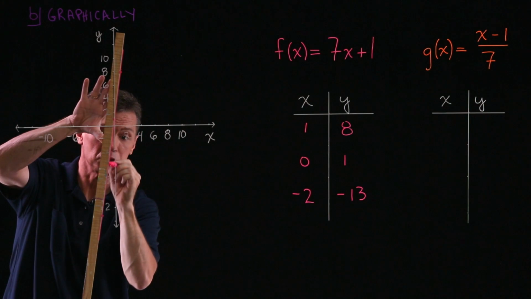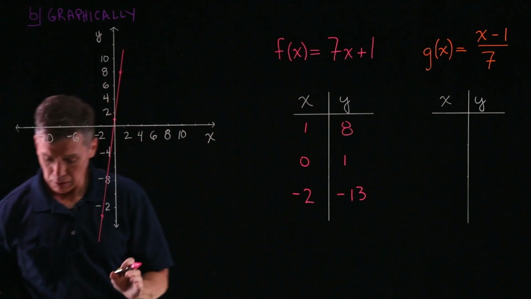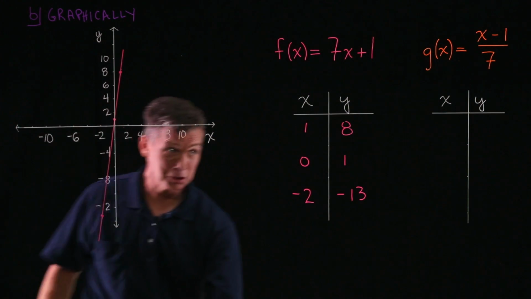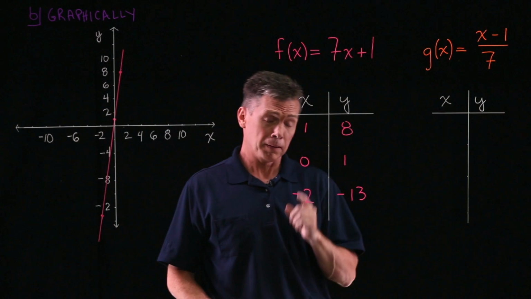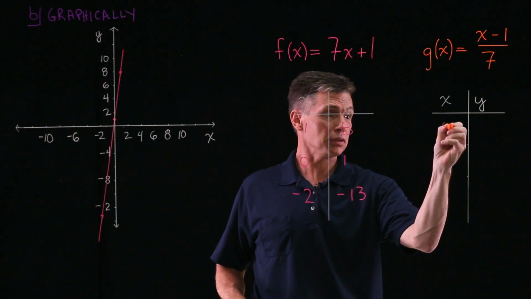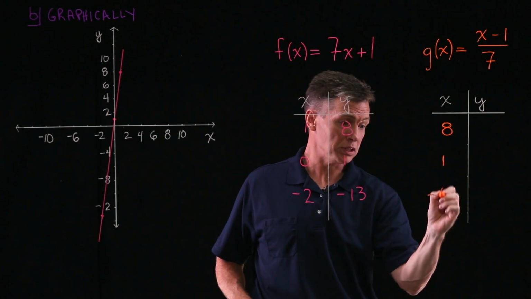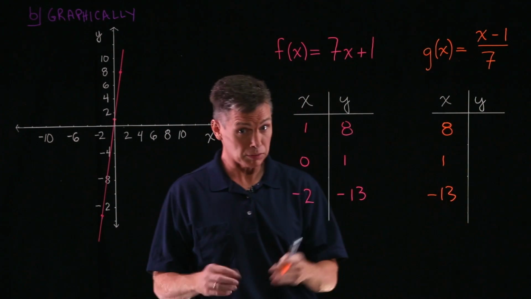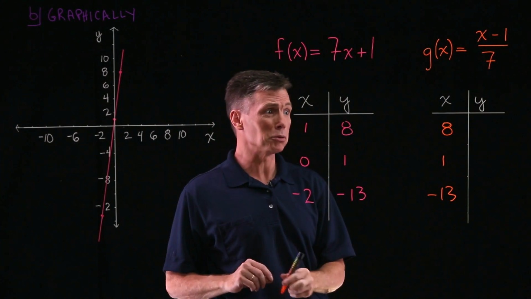Let's do the same thing for g of x. And I'm going to do a little bit of a trick here. I mean, not really a trick per se, but for my xy table this time, I'm going to pick x values of 8, 1, and minus 13. So the trick, if you will, is I'm grabbing my y values from the earlier table. You might have noticed that.